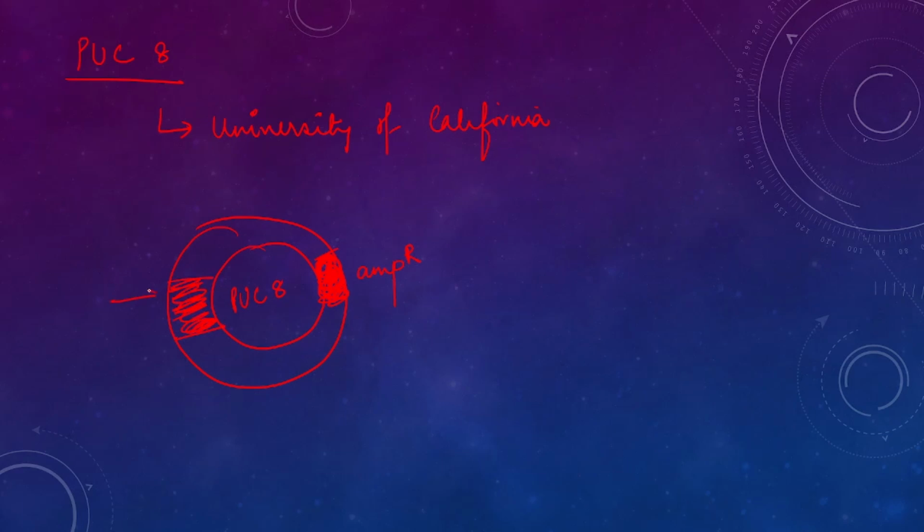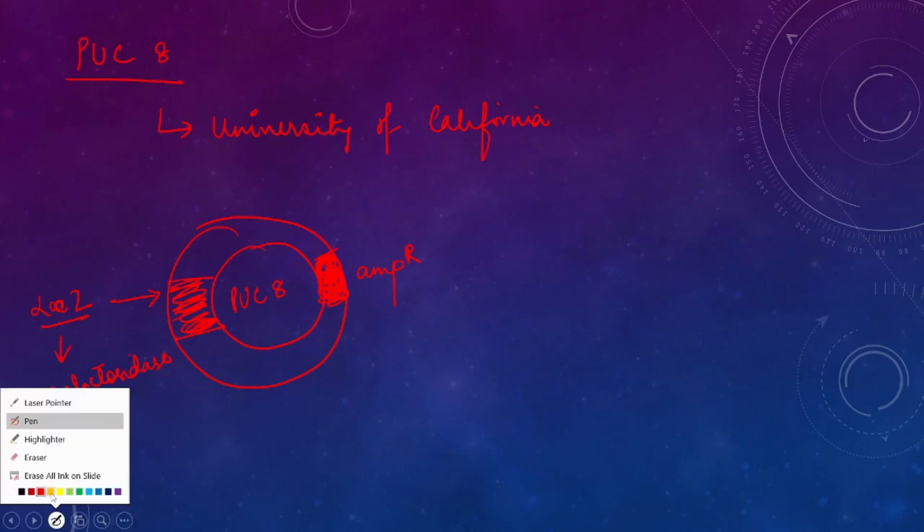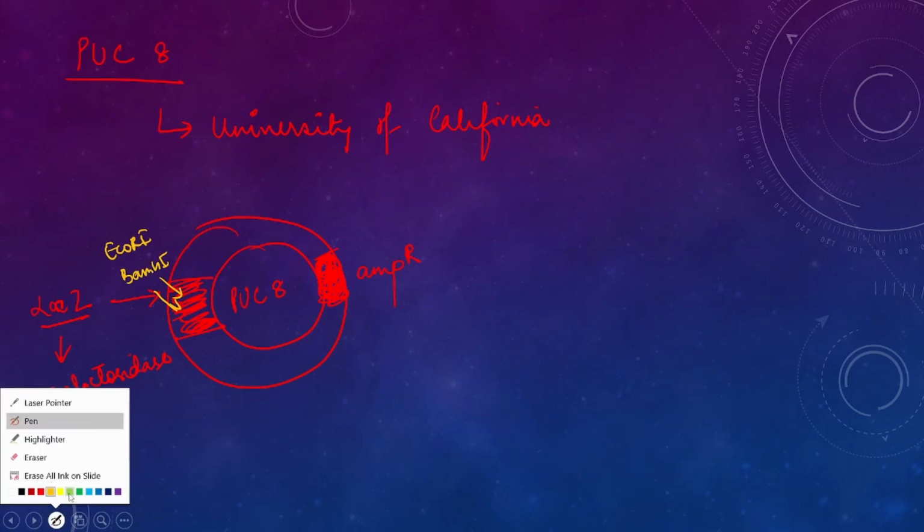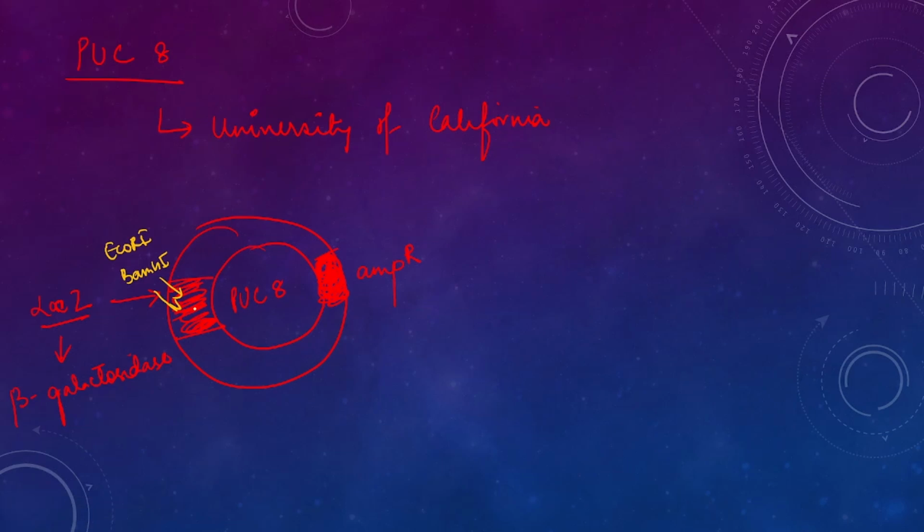is containing a gene known as lacZ, which produces an enzyme known as beta-galactosidase. Right? And here it also contains the cloning sites of different enzymes, EcoRI, BamHI, etc. Now here what I have done, I inserted a foreign DNA here.